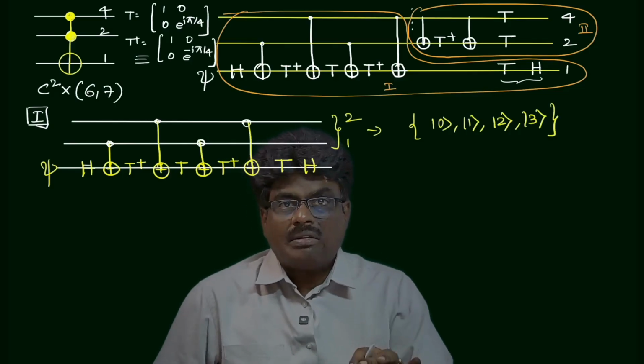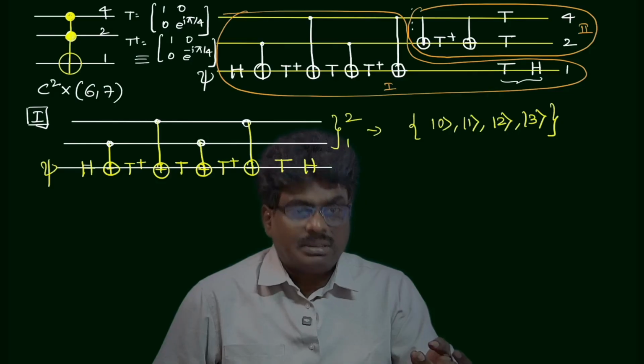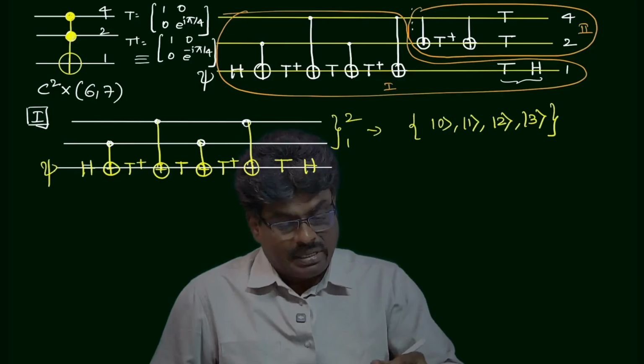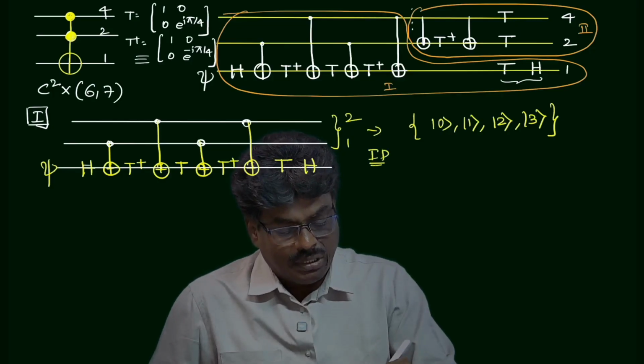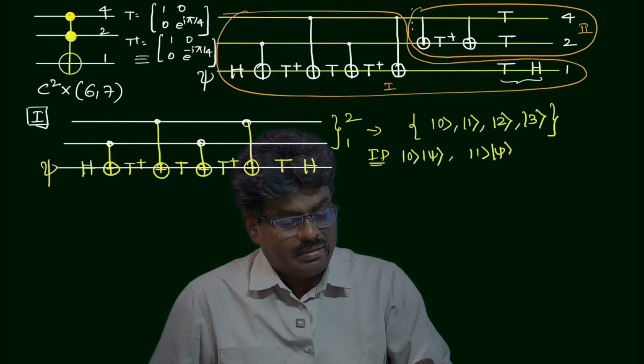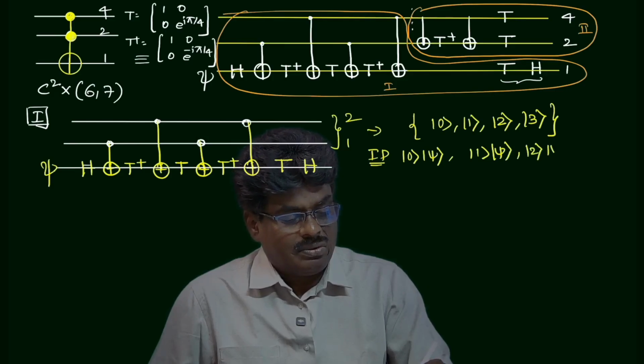That means both off, 1 on, 2 on and 3 both on, like that. So here input states, if you have any confusion, your input states will be 0 psi, 1 psi, 2 psi and 3 psi.